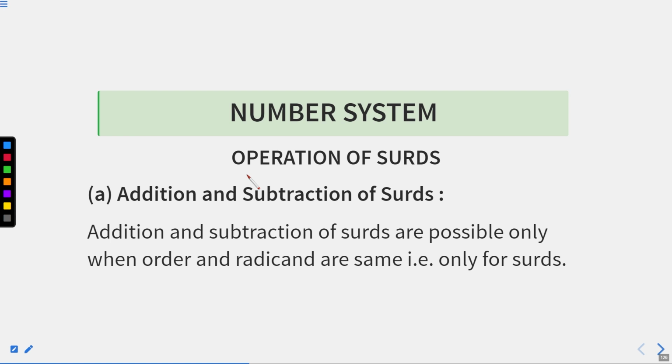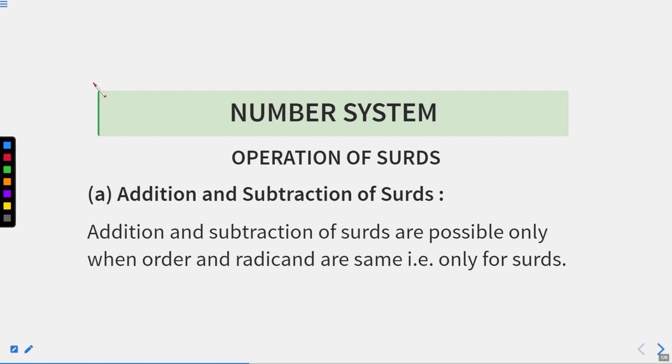Now we'll see the operations on surds. We will see the different operations we can perform on surds. The first operation that comes to mind is addition and subtraction. So, can we do addition and subtraction of surds?